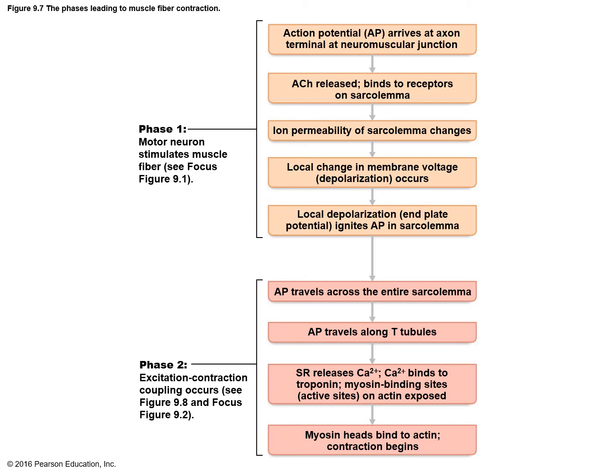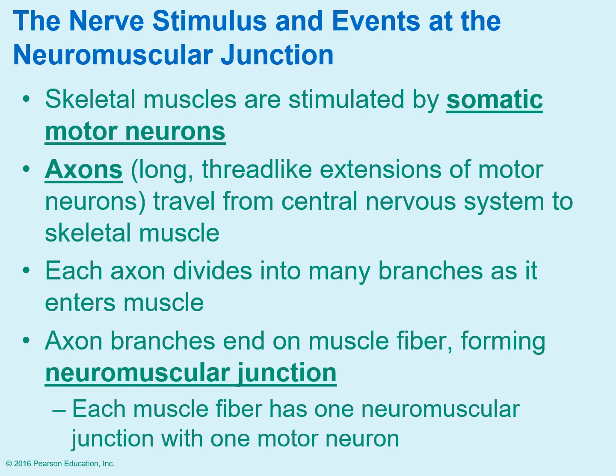It's going to pull that tropomyosin off of the active sites so that now those myosin heads can bind to the active sites. And now you're finally at contraction. We're going to go through all of these steps in detail. I think I have it down to about 27 steps.